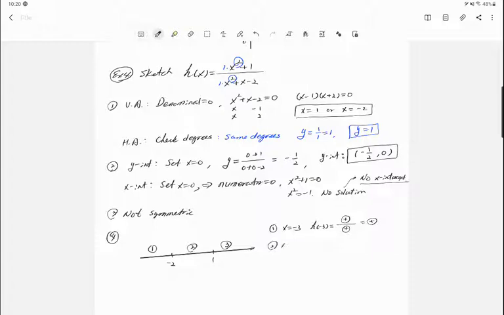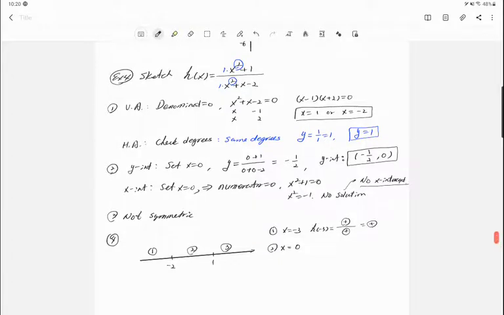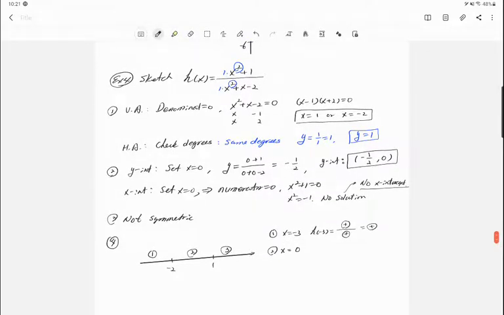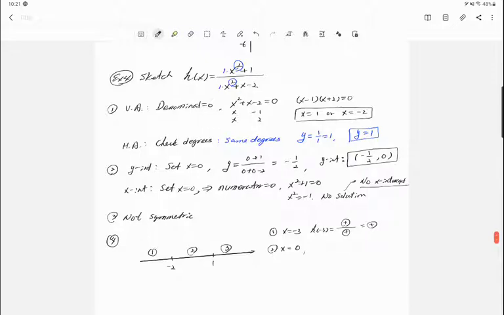For the second interval, let's use x equals 0. Then 0 plus 1 is 1, which is positive, and the denominator is negative, so we have a negative sign. Actually, when x equals 0, look at the y-intercept.